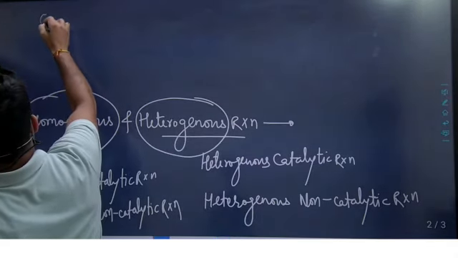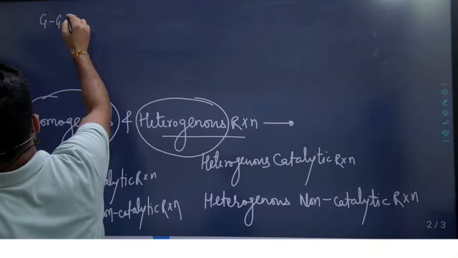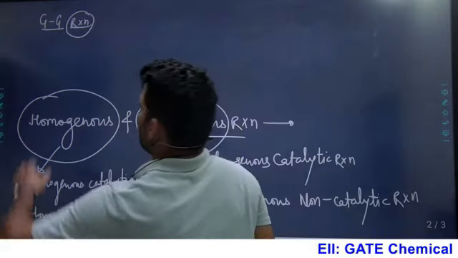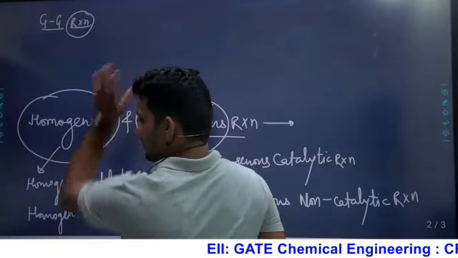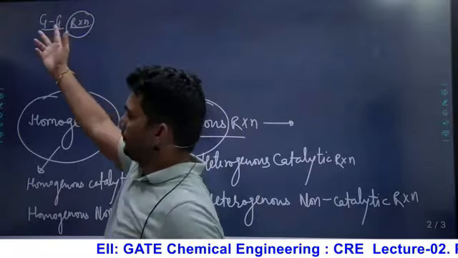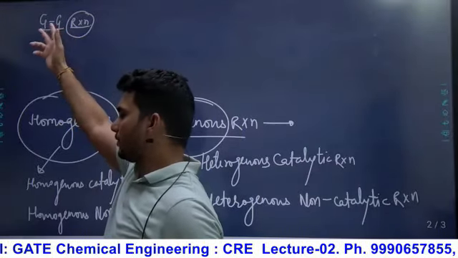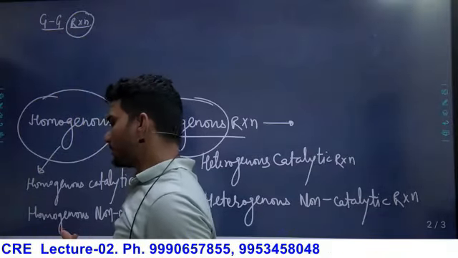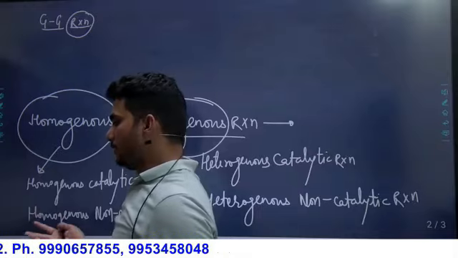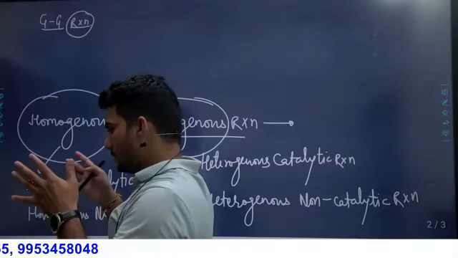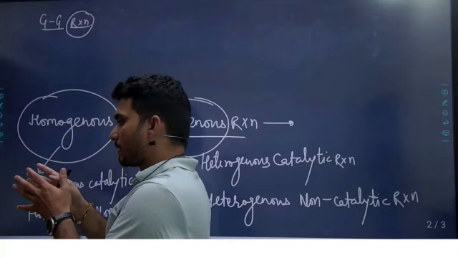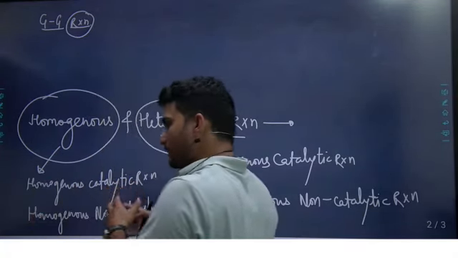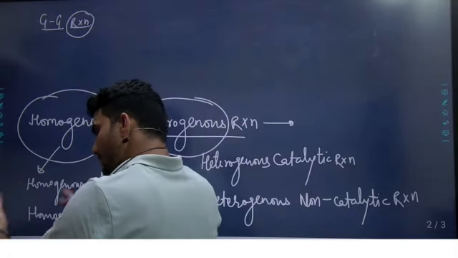Suppose I am taking a gas phase reaction. In this case both of the reactants are in the gas phase. As you already know, a solid has a fixed shape, a liquid will attain the shape of the vessel.